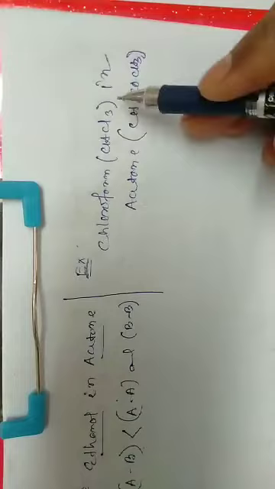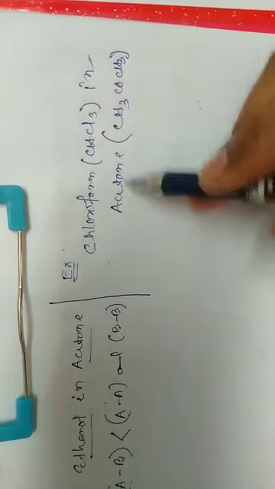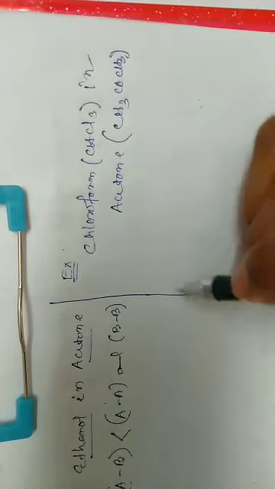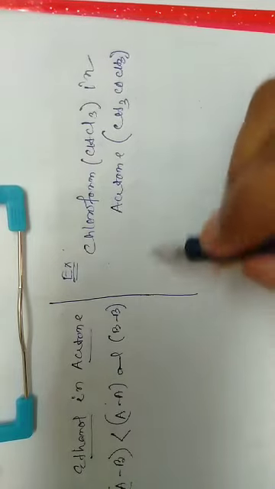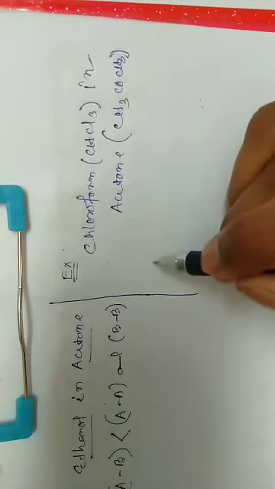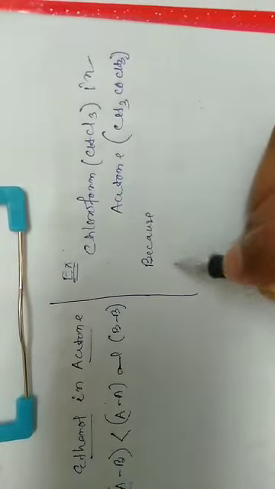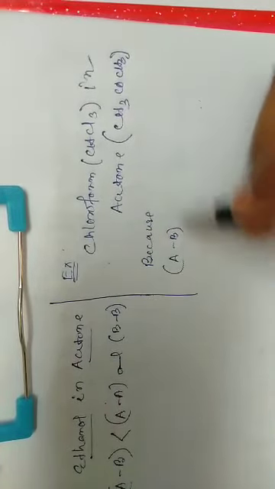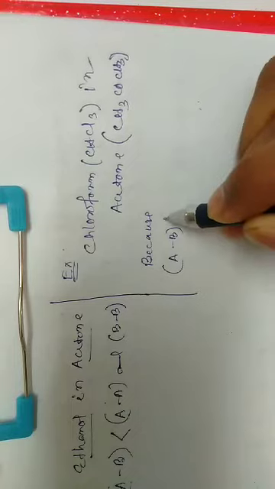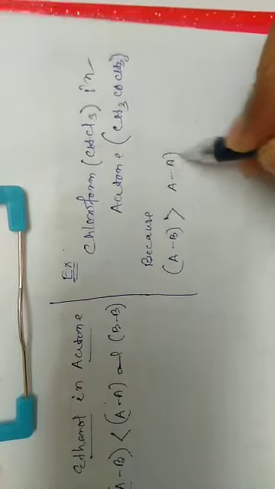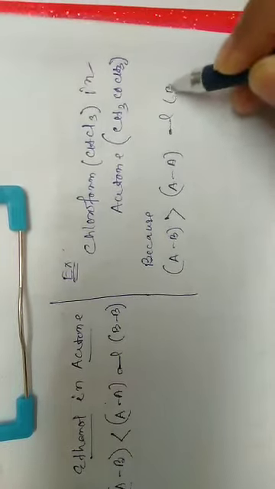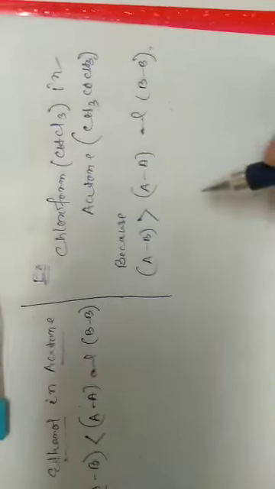So this is an example of a liquid solution showing negative deviation from Raoult's law. So why is this solution showing negative deviation? Because in this solution solvent-solute interaction is greater than the solvent-solvent and solute-solute interactions.